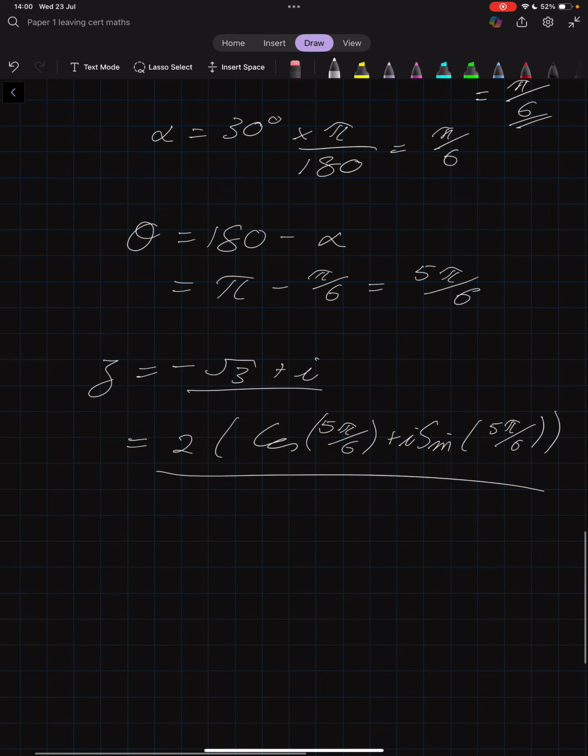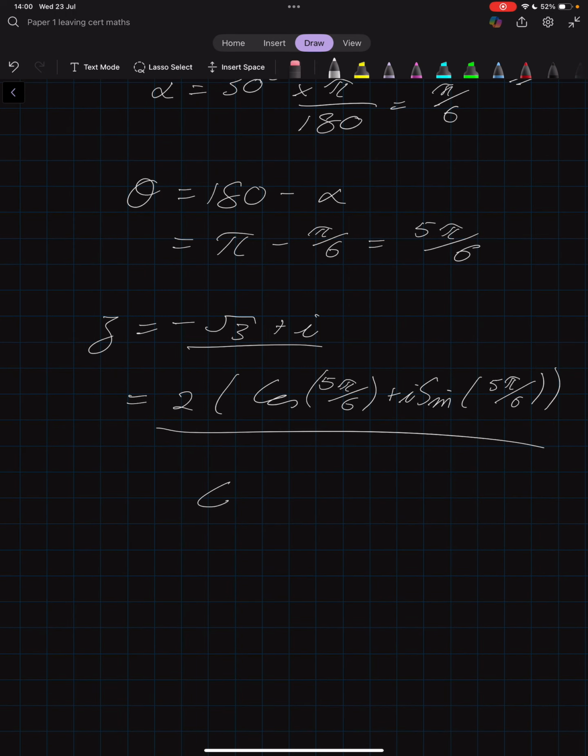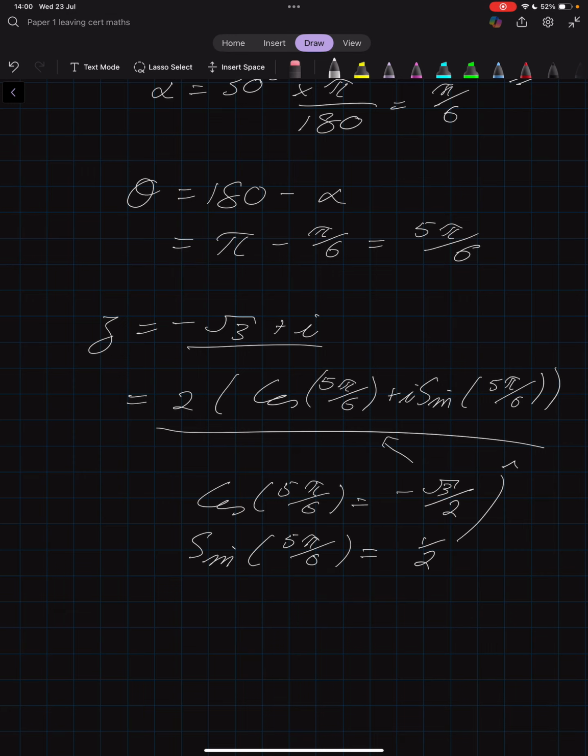If you don't believe me, plug it into your calculator. You'll see that the cos of 5 pi over 6 is going to be minus root 3 over 2, and the sine of 5 pi over 6 is just going to be equal to a half. If you plug these in here, you will end up back at this. Okay? Theta can also be called the argument.